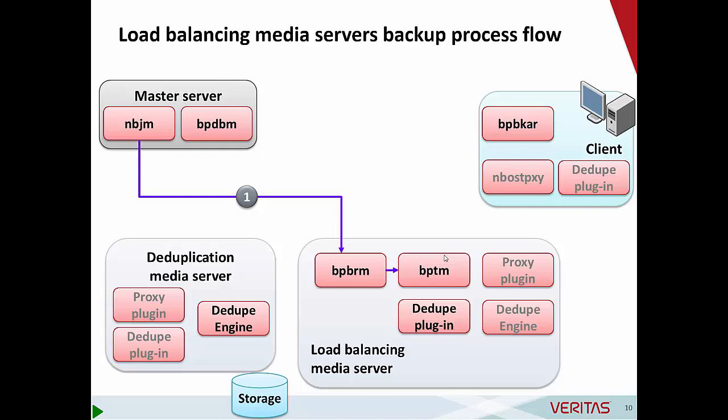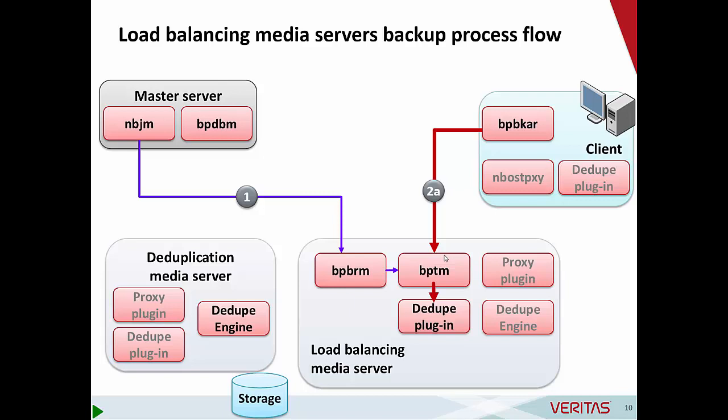So the job manager reaches out to the media server and starts the BPBRM process. BPBRM starts the tape manager. The BCAR process on the client sends all of the client's data to the tape manager process. The tape manager passes it along to the dedupe plugin.